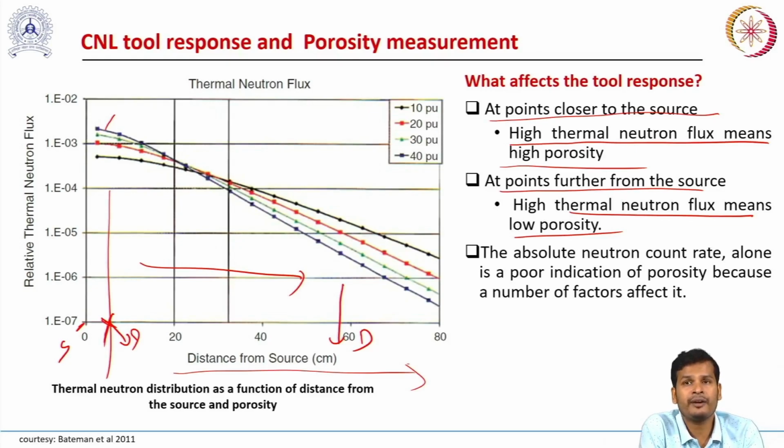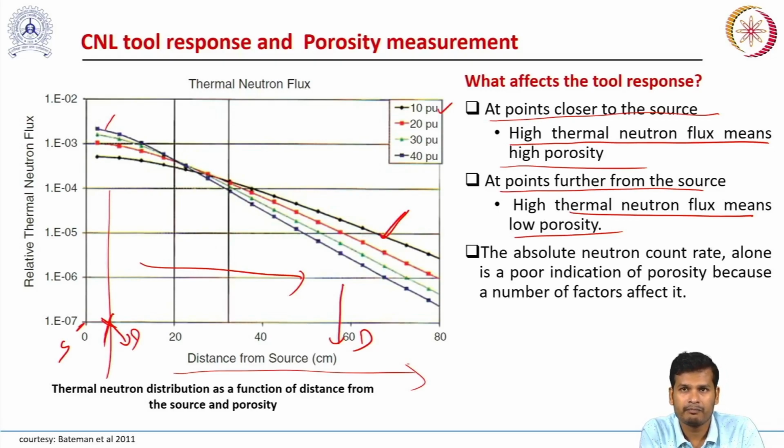Again, it is understandable because let's say I have low porosity. That means low amount of fluid, low hydrogen concentration, fewer collisions of neutrons with hydrogen atoms, so the conversion of fast neutrons to thermal neutrons will happen farther from the source. That's why, as a detector, you can see for low porosity I am getting high count rate or high thermal neutron flux.